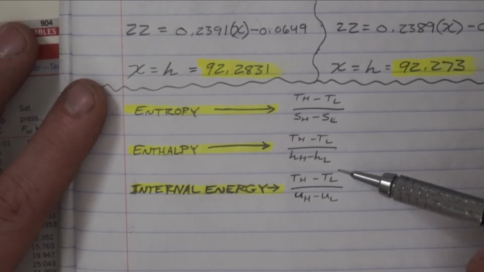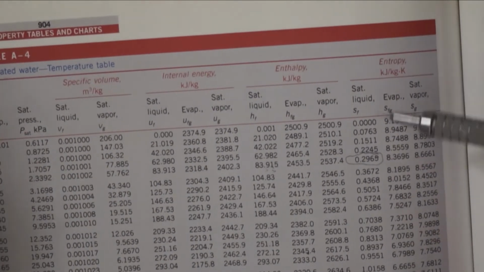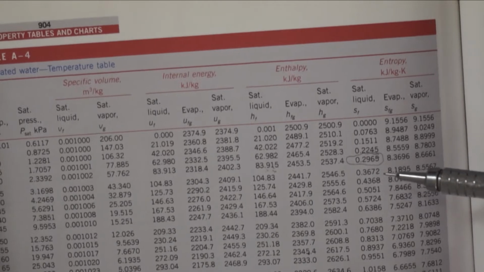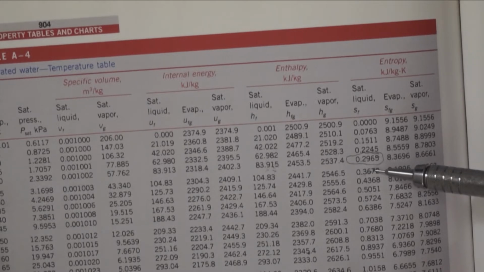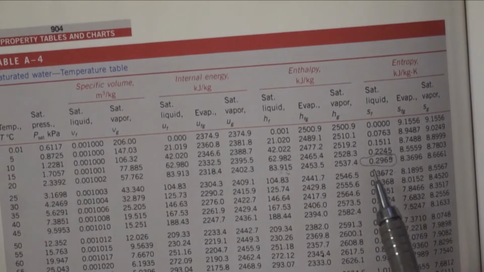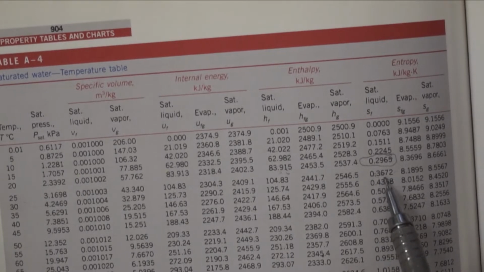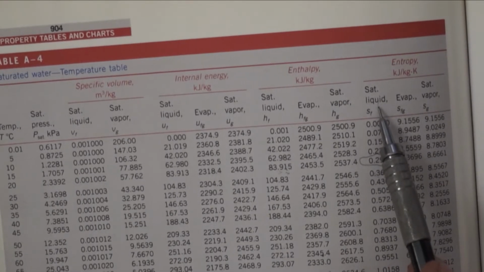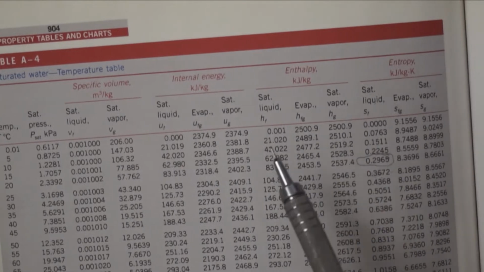So let's say you knew that your entropy at, I don't know, we'll say it's 0.1 at 25C. Well, over here, 0.1 is a lot lower than this number at 25C. So we know that it's definitely a compressed liquid because it's this side of the line.